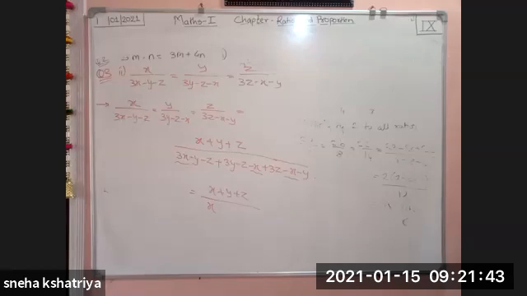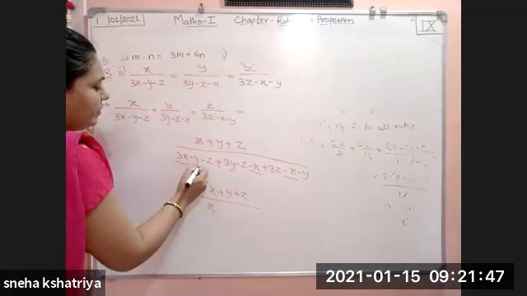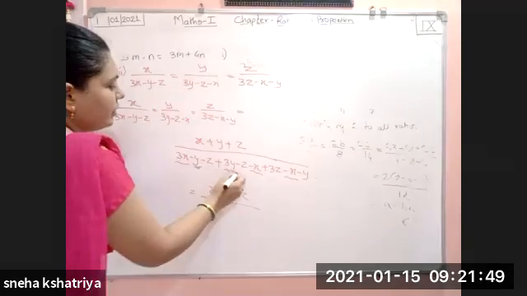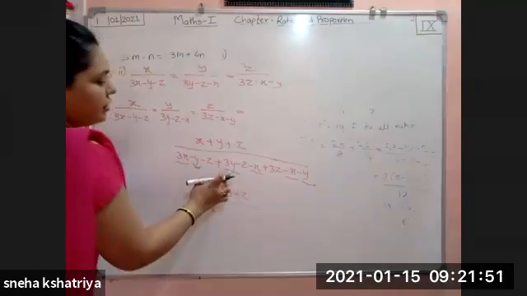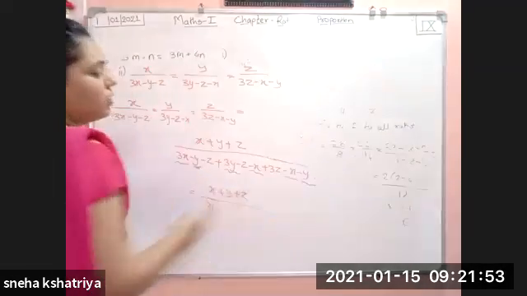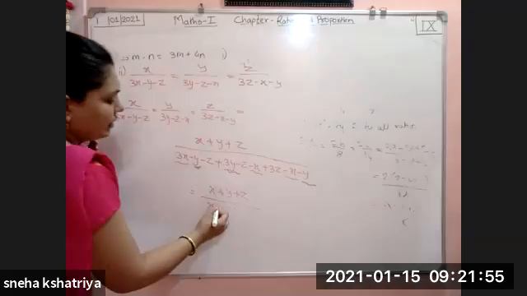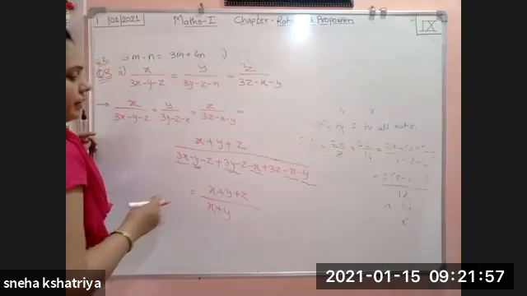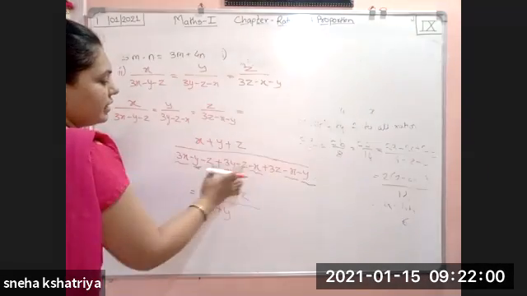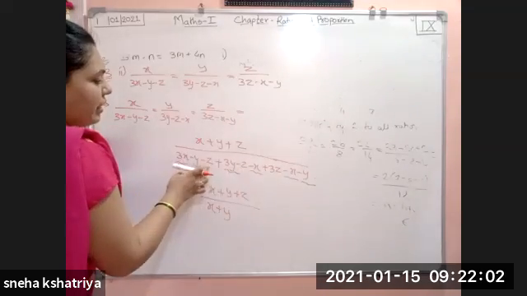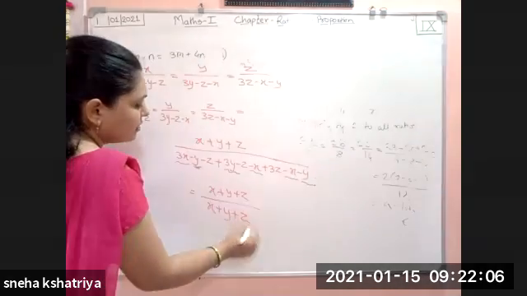Only one x will remain. Now here y is here. This is y term, this is y, this is y. From 3y, 2y will get cancelled. What will remain? Only y will remain. And similarly for z, this is z term. 3z minus z minus z, minus minus 2z, so this will become plus z.